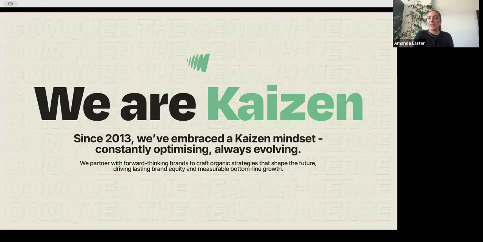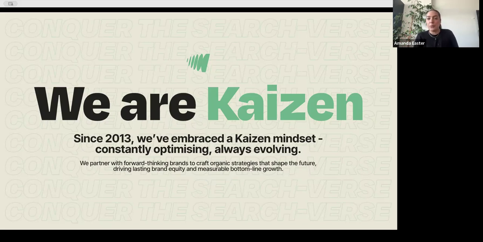Just a quick intro into who Kaizen is before we get into how to build your TikTok SEO strategy, which is what you're all here to learn about. Kaizen is a digital marketing agency. Despite the accent, we are based in London, in the UK. We've been around since 2013 with the ethos of constantly improving, evolving and optimizing.